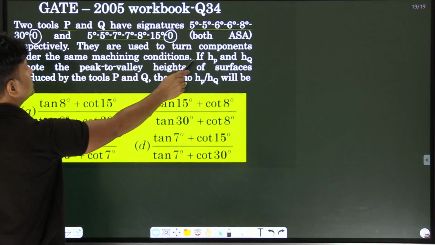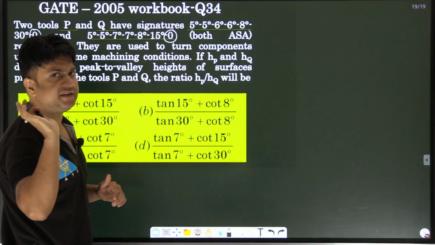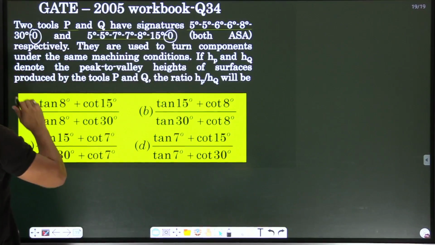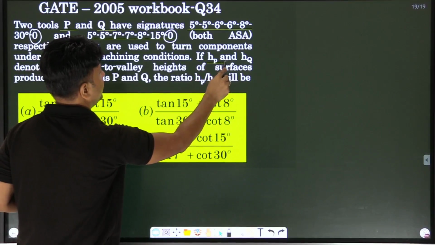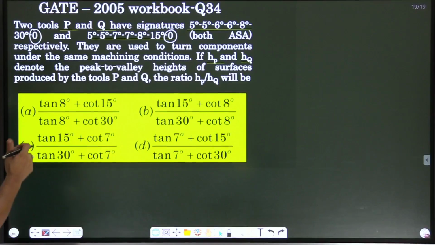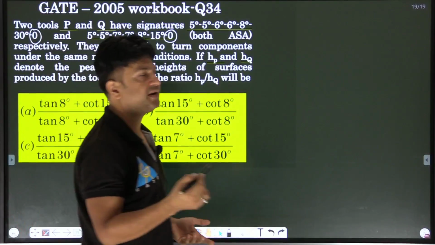They are used to turn a component under the same machining conditions, but the tool is different. If HP and HQ denote the peak to valley height, that is the roughness of the surface produced by tools P and Q, find the ratio HP by HQ.